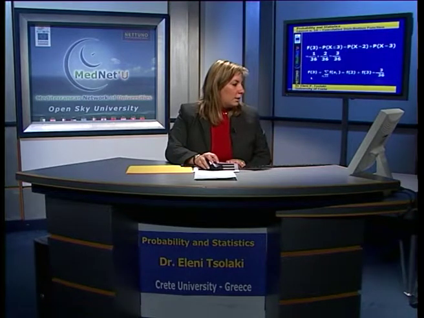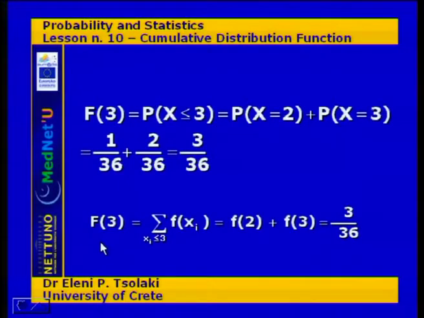So now we see that what this actually means is that the cumulative distribution function is the sum of f of xi for xi less than or equal to 3.